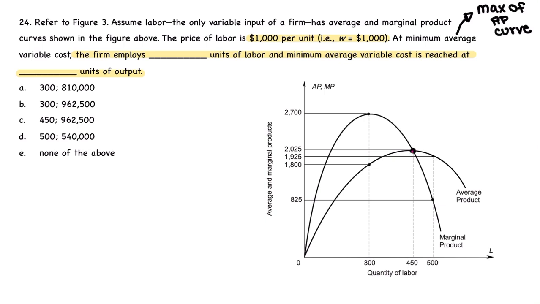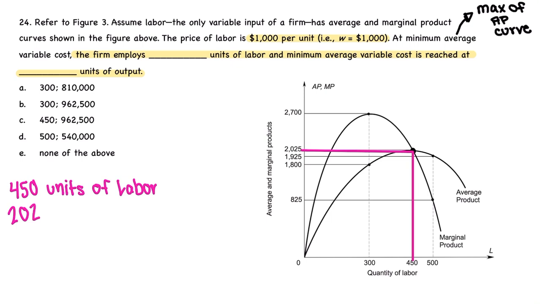And if we go down, we see that they are using 450 units of labor. And the average product of those 450 units of labor is 2,025. So we're employing 450 units.